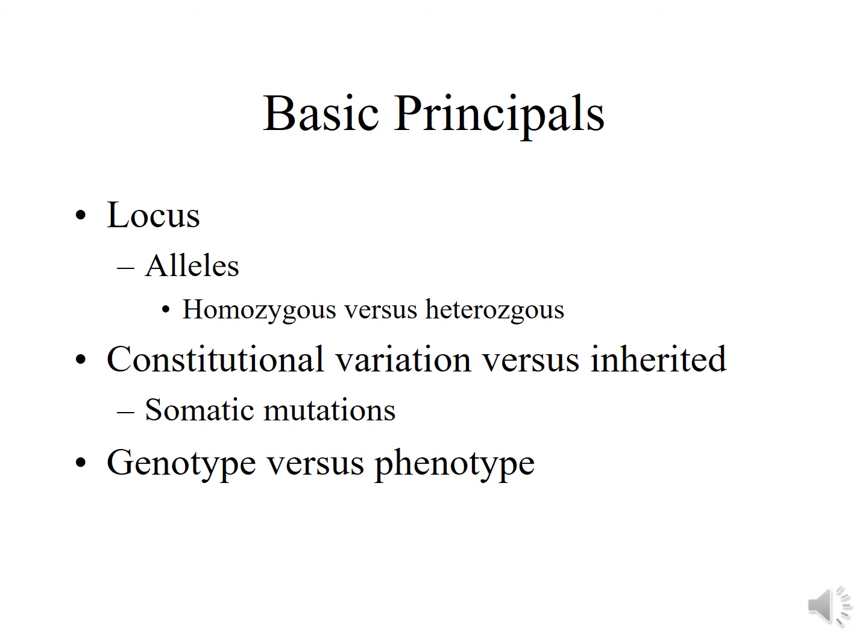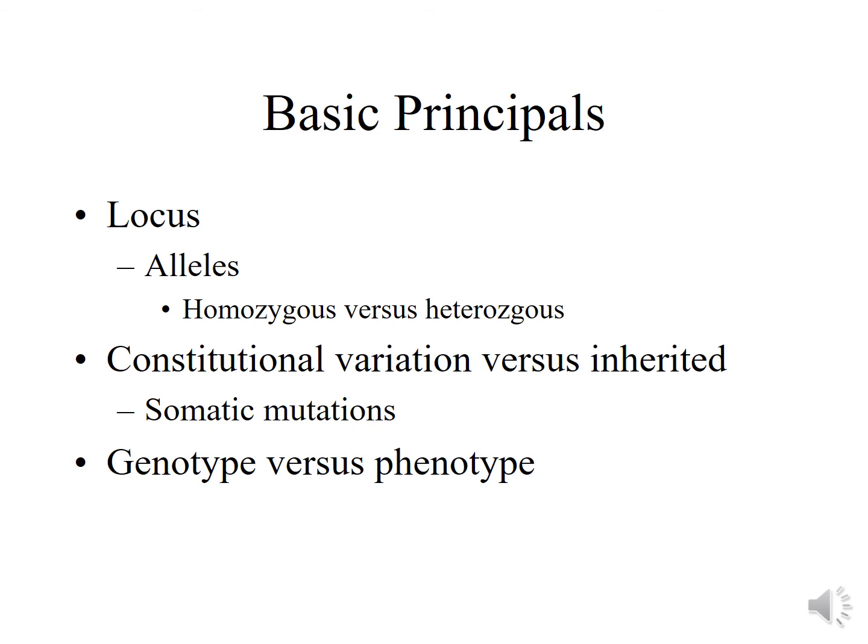And then, there's the notion finally of genotype versus phenotype. So individuals differ from each other at a DNA level, and that is referred to one's genotype. But the observed characteristics that we see in an individual that are the result of genotypic variation is referred to as the phenotype.